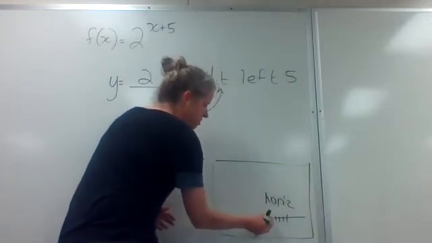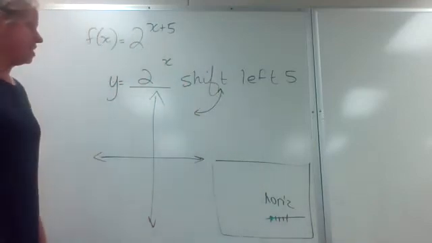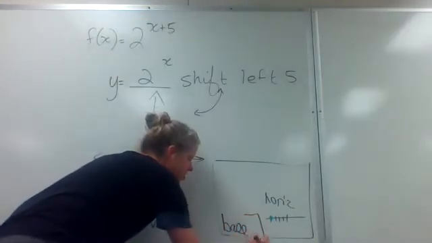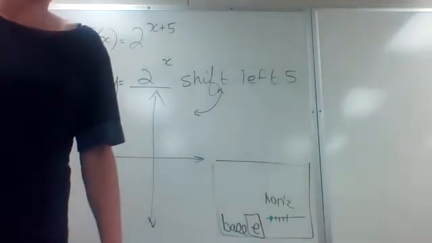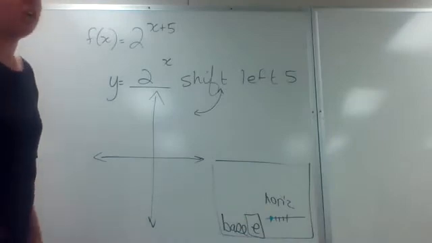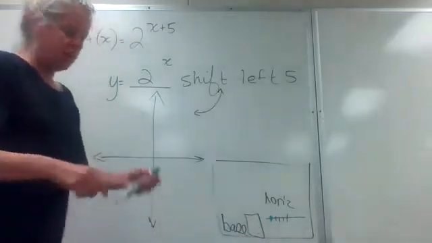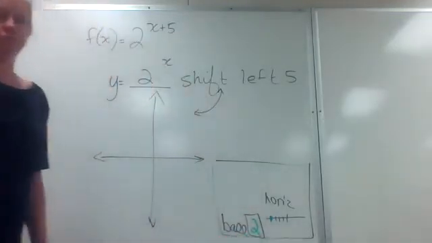Shift it to the left 5. And also remember down here in the shifting box, the default setting is for the base to be E. So you're actually going to have to go in here and delete that E out and replace it with what your base is, which is 2.